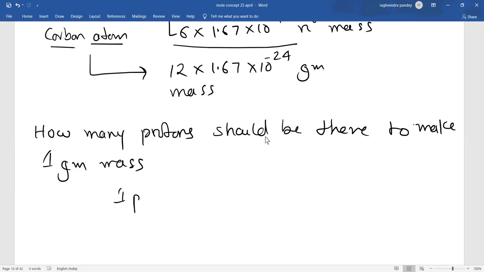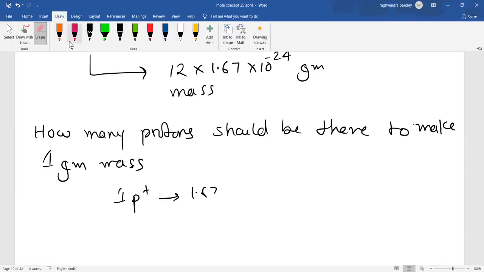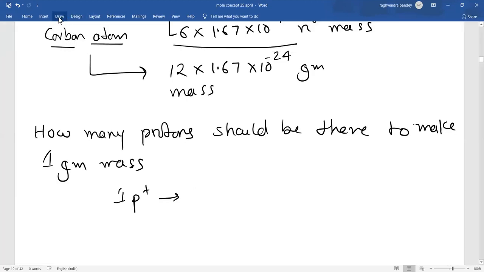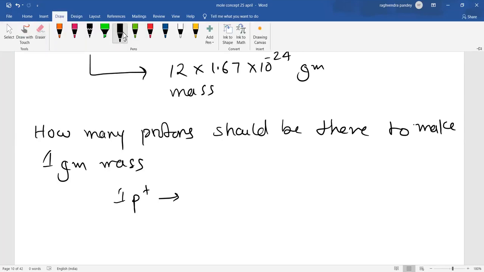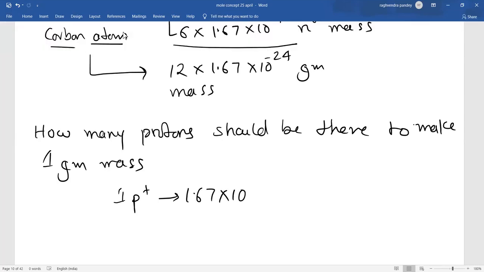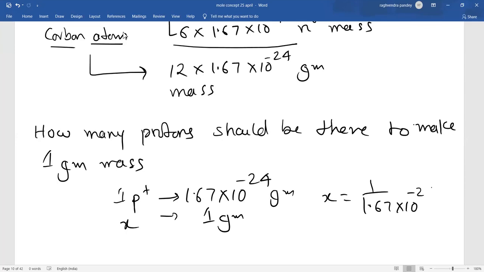So one proton has a mass of 1.67 into 10 to the power minus 24 gram. I want 1 gram mass, so let's put it as x. So x will be 1/(1.67 into 10 to the power minus 24).